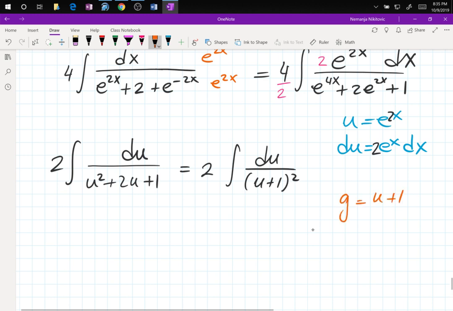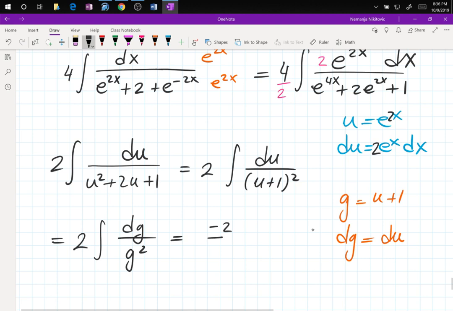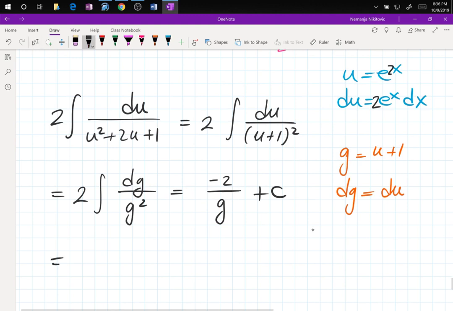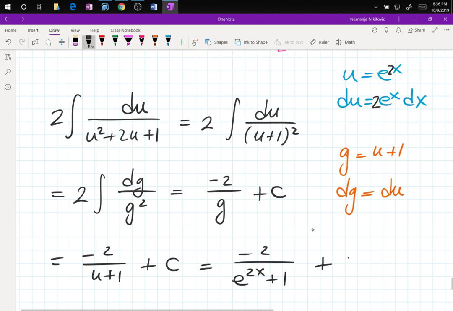Oh, we didn't have to use it. That's disappointing. Two integral of dg over g squared, and that becomes negative 2 over g plus c, which becomes negative 2 over u plus 1 plus c, and u was e to the 2x, so negative 2 over e to the 2x plus 1 plus c.